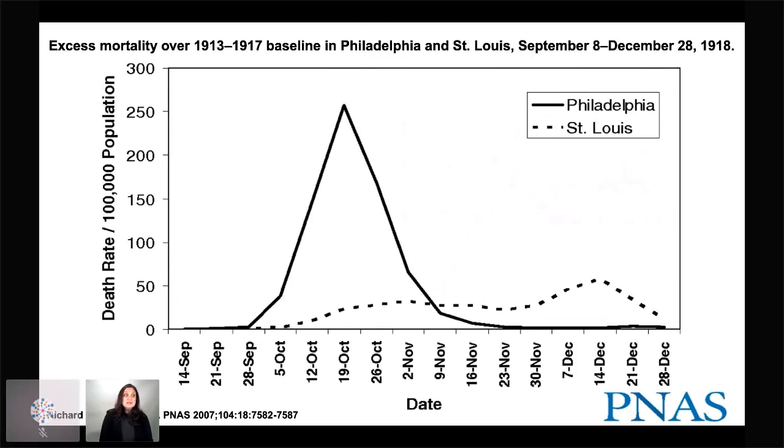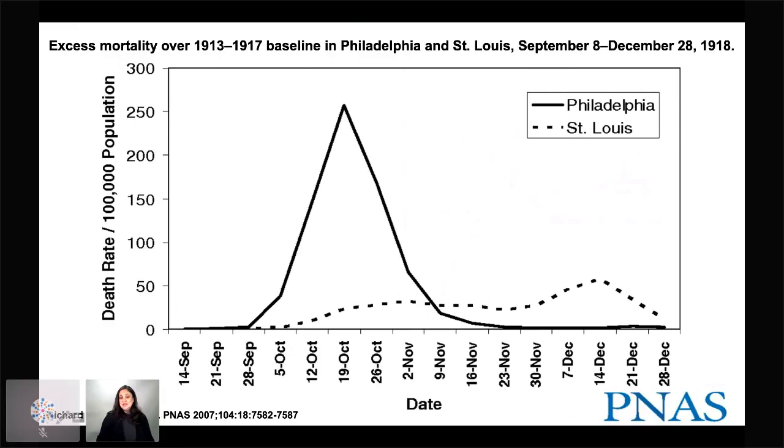Now, there was a great example of this. This is a graph that was built from data from the Spanish flu in 1918. And at that time, the United States was trying to raise money for the war, so they were holding military parades. And in Philadelphia around this time, they knew about the Spanish flu, but they decided that they were going to go ahead and they were still going to have their military parade.